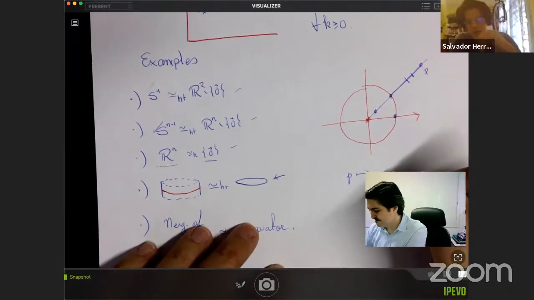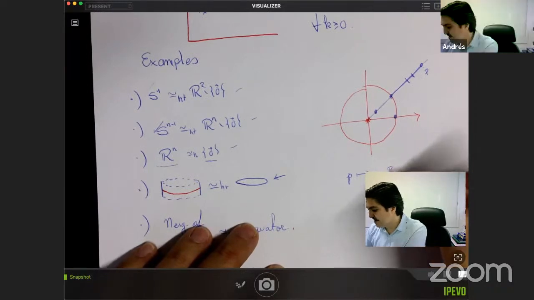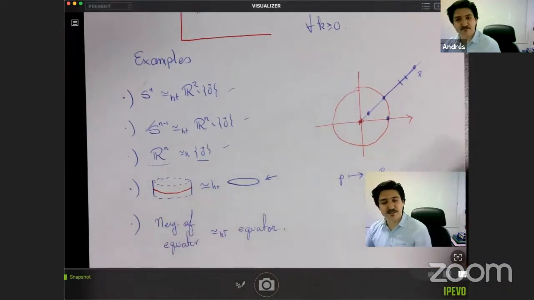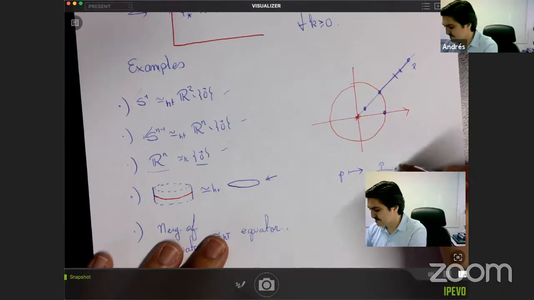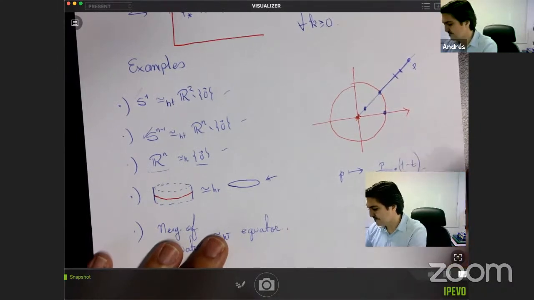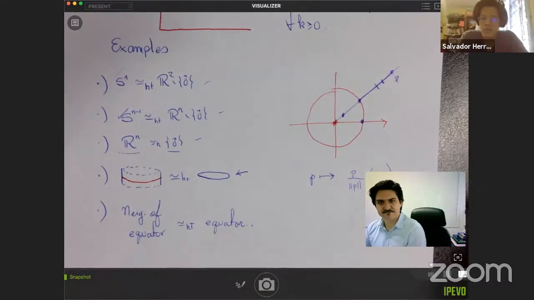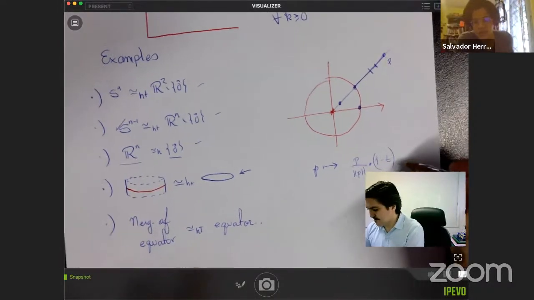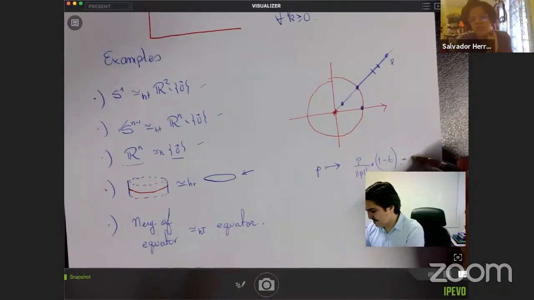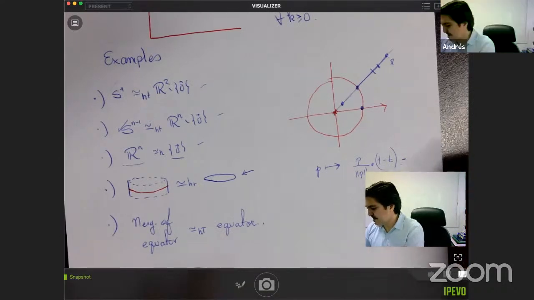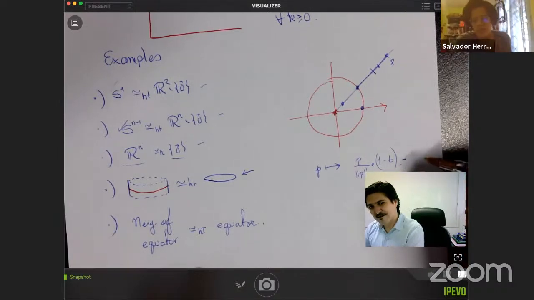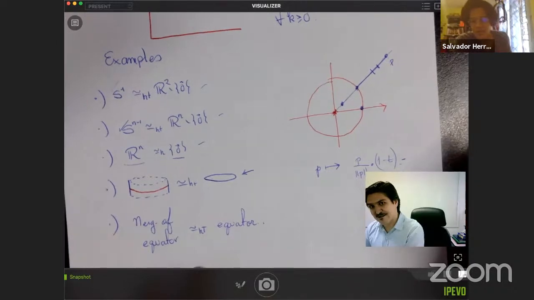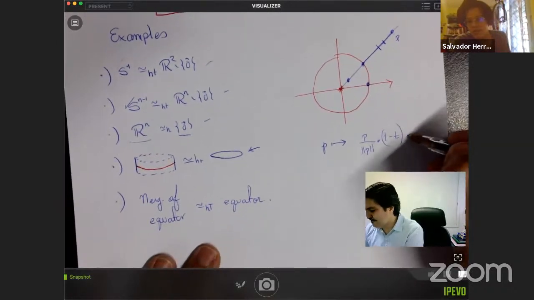X over its norm. Oh, P over its norm. This makes sense. P is non-zero, times 1 minus T, minus T times P. No, plus T times P. Minus or plus?